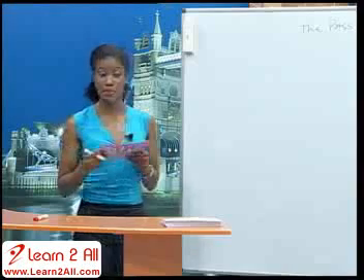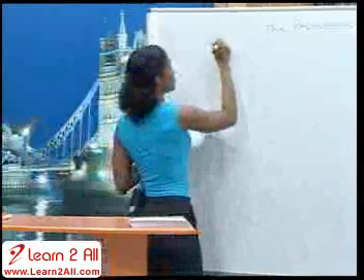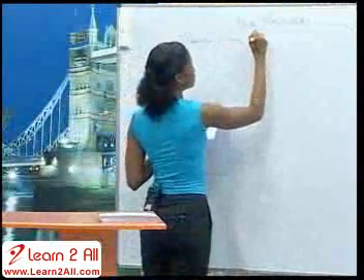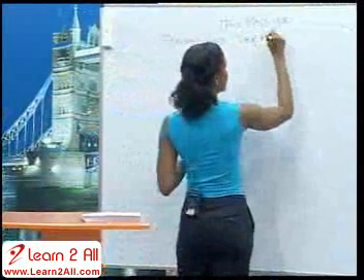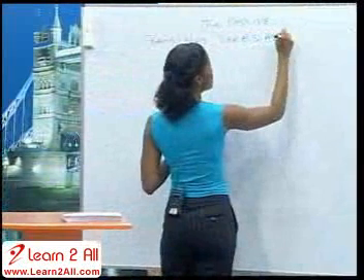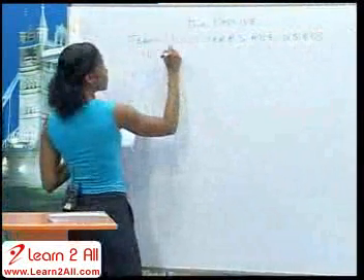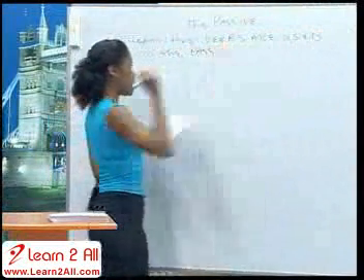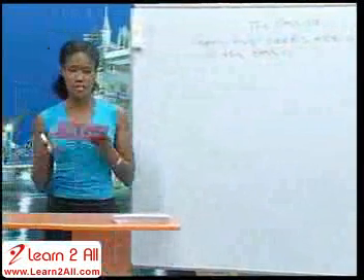Now, a transitive verb is a verb that is followed by an object. And only transitive verbs can be used in the passive. So if a sentence does not have a transitive verb or an object, it cannot be used in a passive sentence. Now, an intransitive verb is a verb that is not followed by an object.